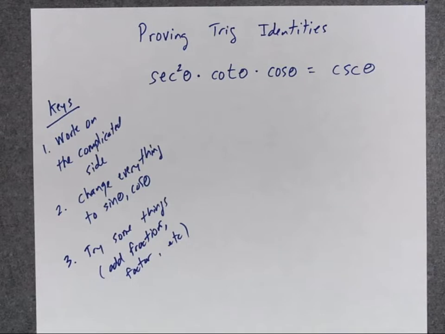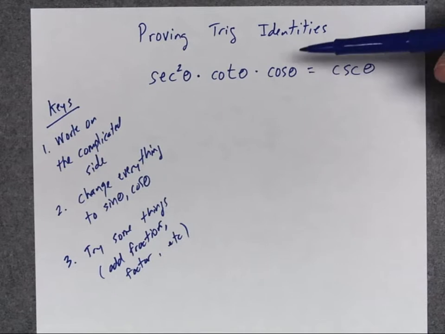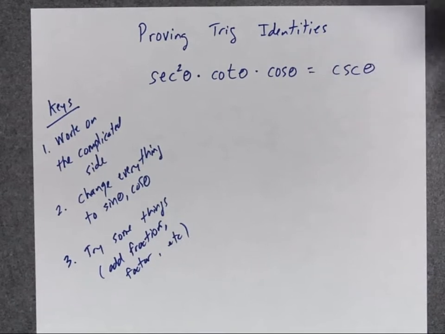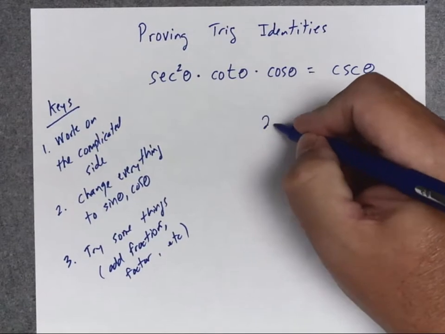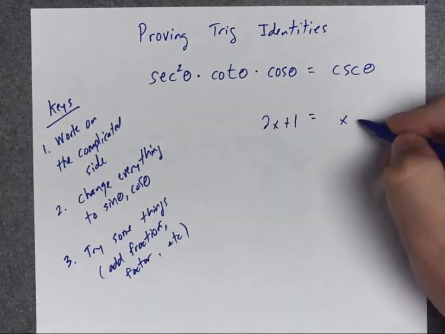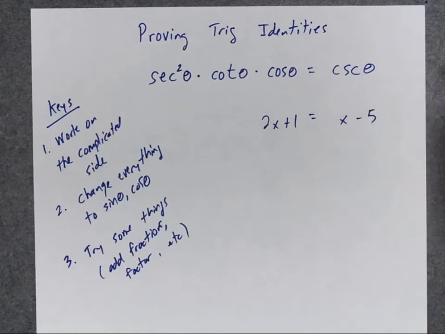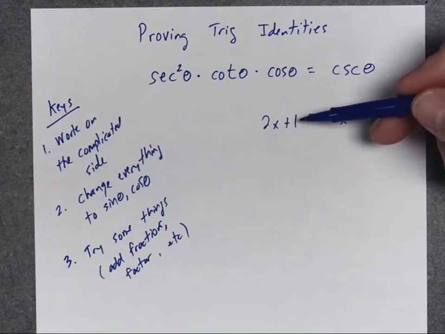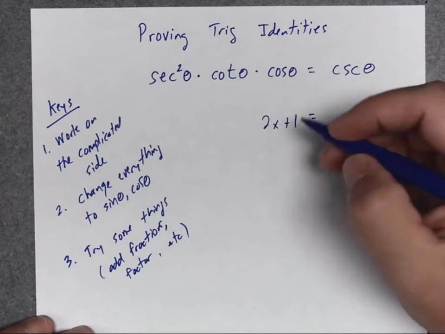Now let me stress again what you cannot do in these kinds of problems. When we solve equations, one of the main things we do is some math operation to both sides. In the simplest case, if I was to solve this equation, if I want to solve for x, the first thing I would do is subtract 1 from both sides, right?